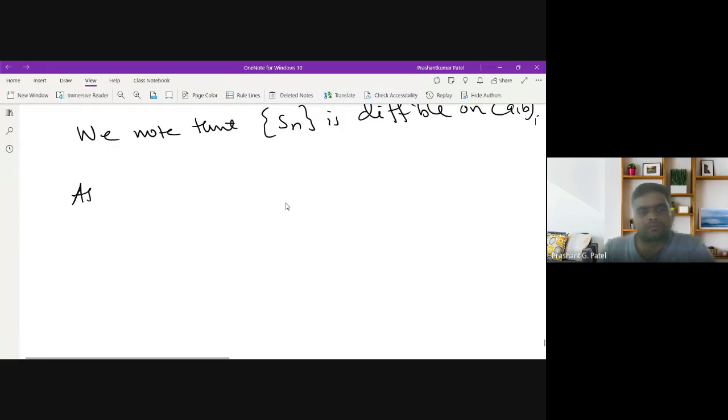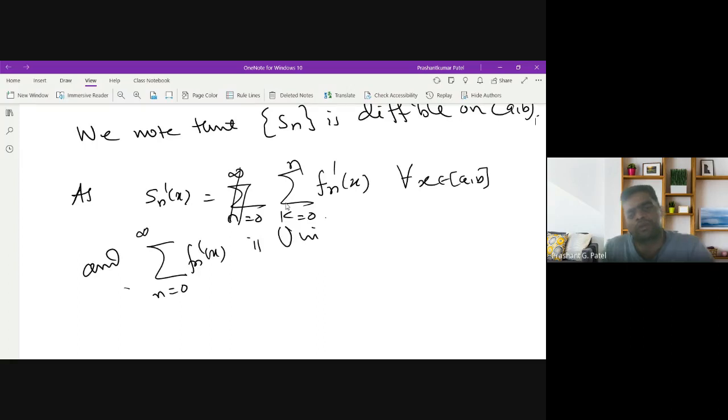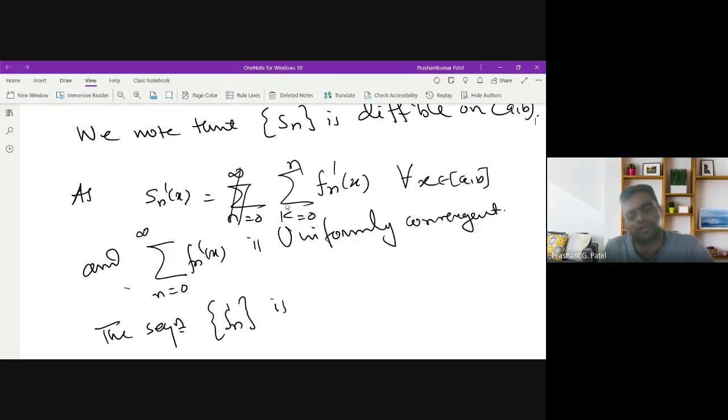So as Sn dash of x is equal to summation k running from 0 to n fk dash x for every x in AB, and summation fn dash x, n running from 0 to infinity, is uniformly convergent, the sequence Sn dash, that is the derivative sequence, is uniformly convergent.